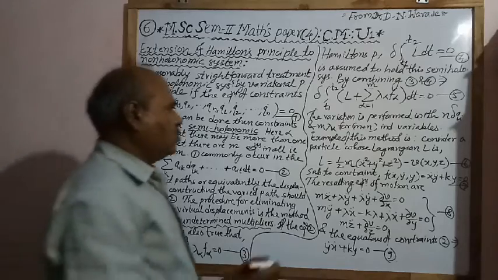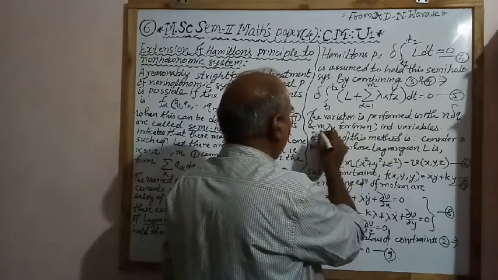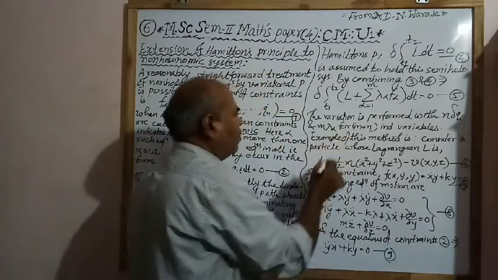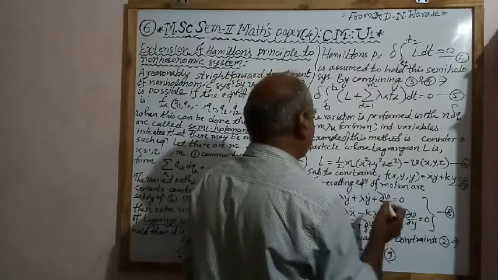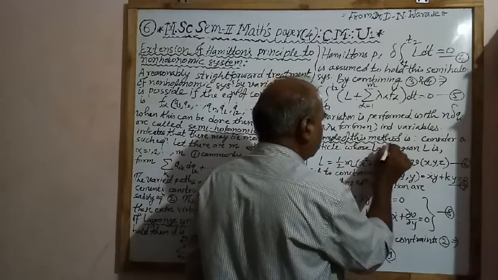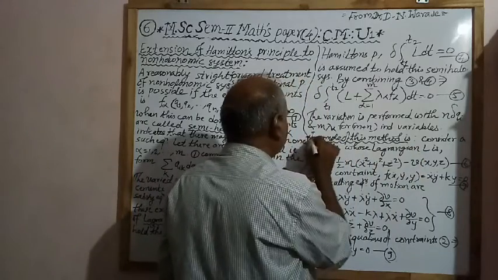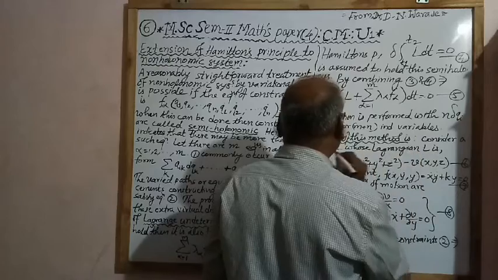The variation is performed with n delta q_k and m lambda_alpha, for m plus n independent variables. Then we will see an example of this method, the Lagrange's undetermined multipliers.